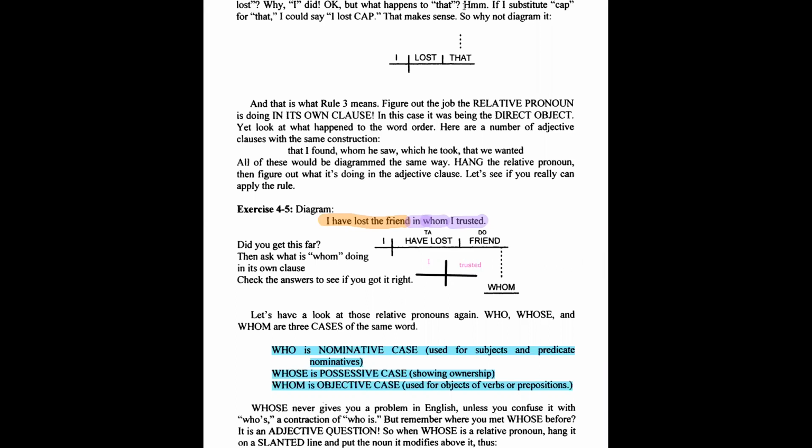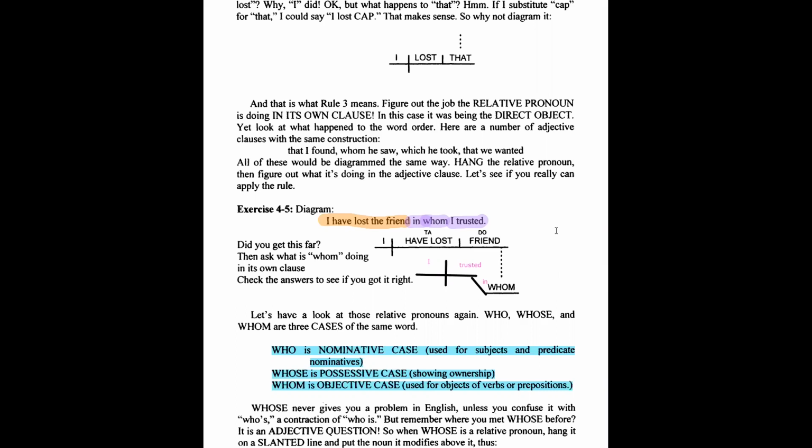Okay, then we have in whom. Well, what is that? What's a prepositional phrase, right? In is a preposition. So we put it here, and we put the in here. All right, so it's the same principles you've learned before, just a little tricky because we have a relative pronoun.